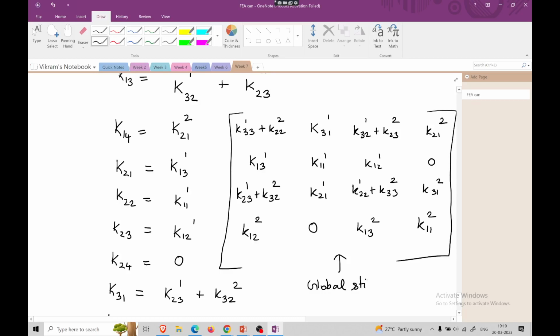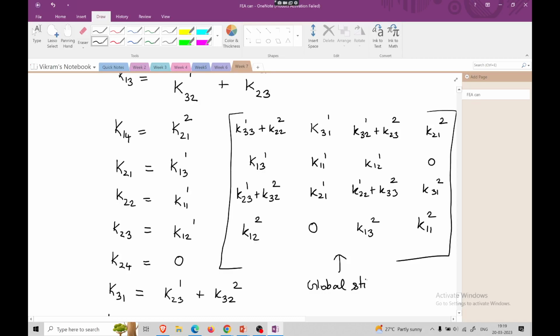Okay, so del square is nothing but dou square by dou x square plus dou square by dou y square, right? So del square u means dou square u by dou x square plus dou square u by dou y square.